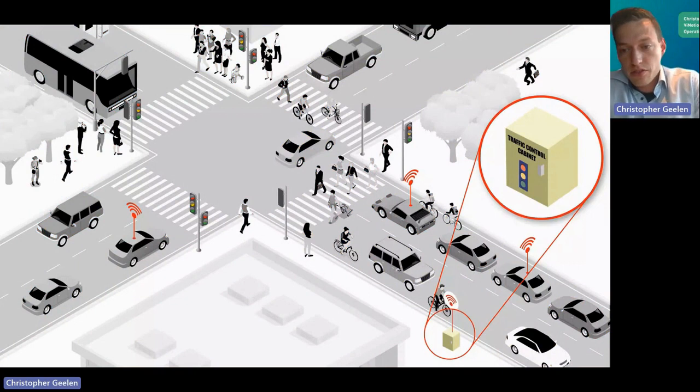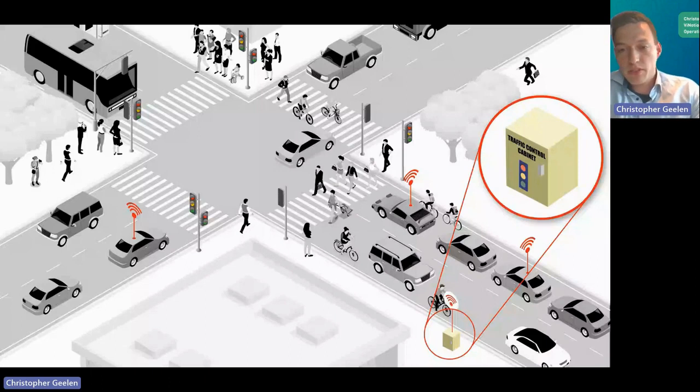These cabinets receive information from ITS, from CITS, from connected vehicles, people using onboard units or connected apps, and it will control the traffic lights, improving the throughput or reducing the CO2 emissions, generally speaking, improving the policy of the city.